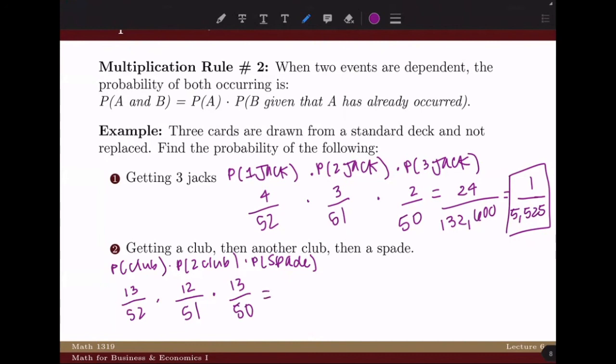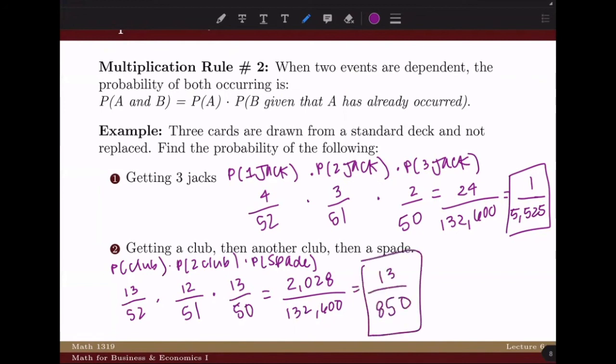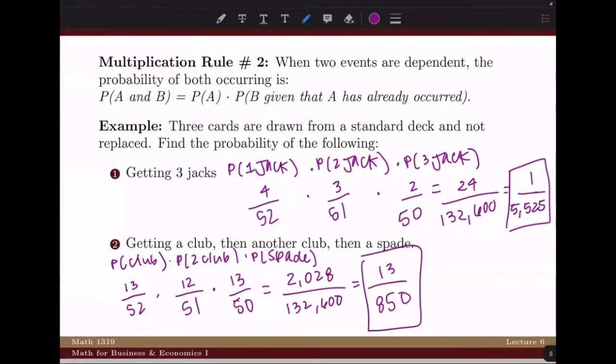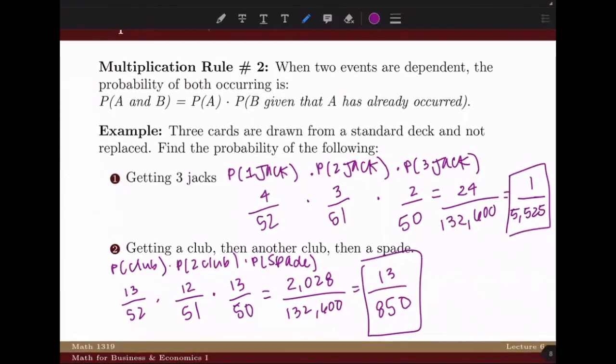This is going to be equal to 2,028 divided by 132,600. This reduces to 13 over 850. Every now and then you may come across a problem that only wants to know the probability of drawing the spade.